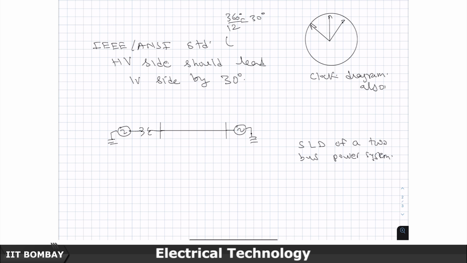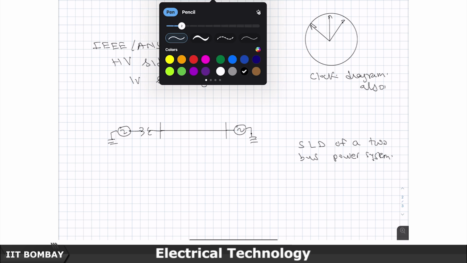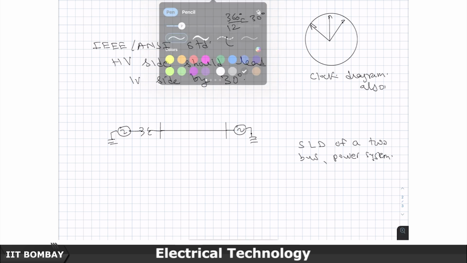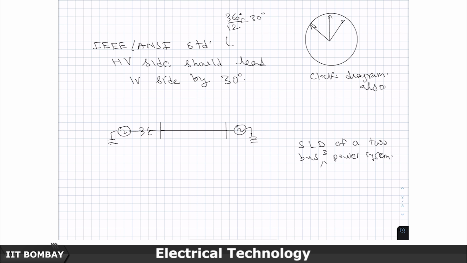Basically what it means is a 2-bus 3-phase power system. I call this bus 1, bus 2. A bus is basically from the term bus bar. It is a thick copper interconnector on which multiple devices can come and get connected.